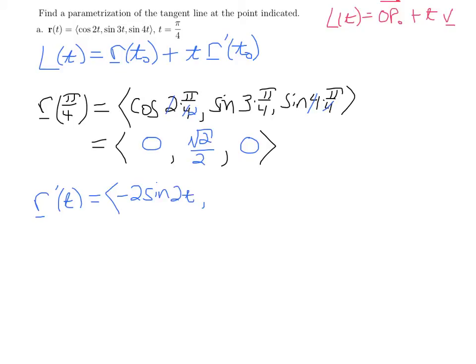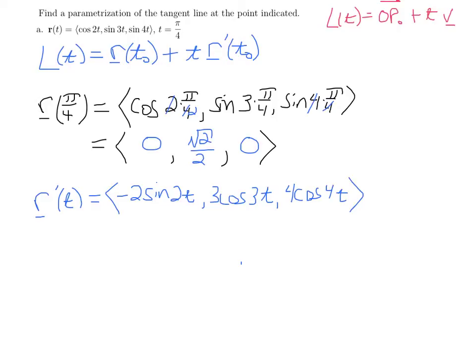The derivative of sine 3t is 3 cosine of 3t. And the derivative of sine 4t is 4 cosine of 4t. And all right, that takes care of the vector.